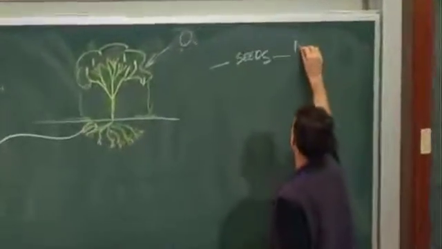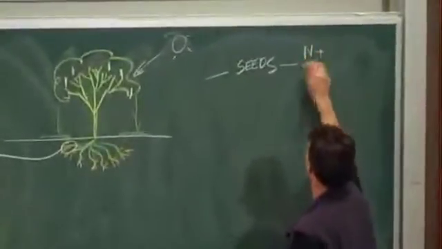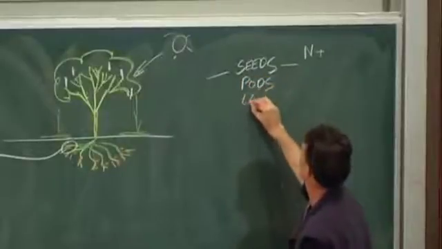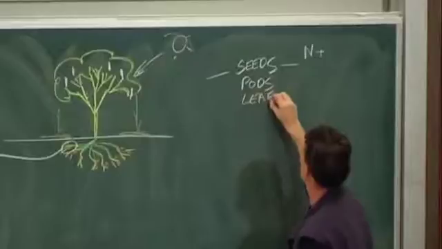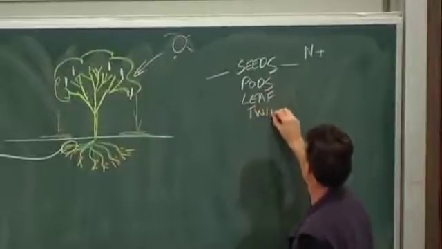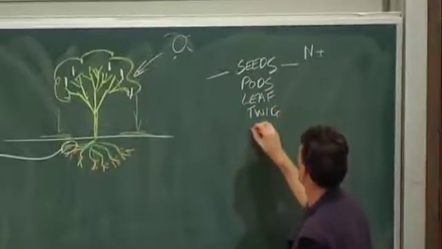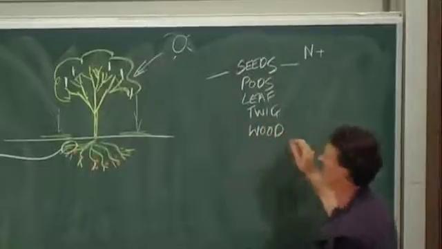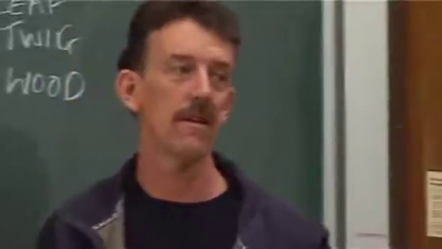The hierarchy of nitrogen is seeds and pods next, and then leaves, the leaf, the twig, the wood. Quite often even the wood is 5% nitrogen in a leguminous tree, so it often rots quick. Even the wood rots down quite quick.